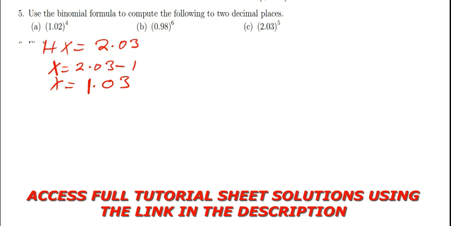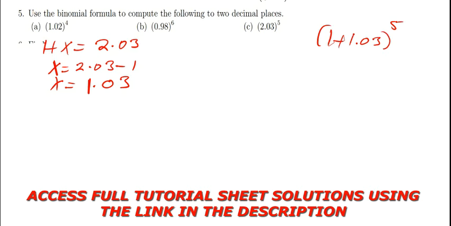So meaning that you have your expression now to be 1 plus 1.03, because where there's x you put 1.03, yes, and then raised to the power 5.